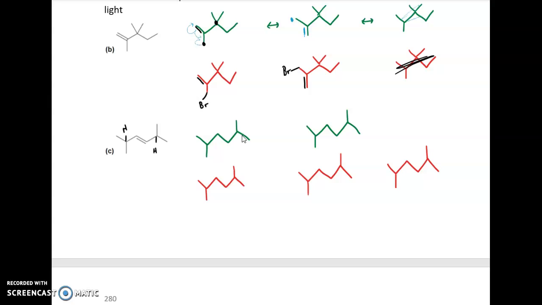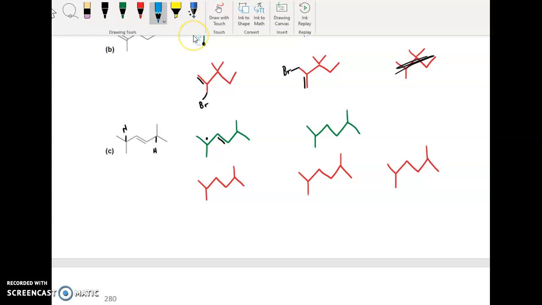If we look at these two hydrogens, they are identical. So if we put our double bond here and we pull off one of the hydrogens, we'll have a free radical in that position. We want to draw all the resonance structures.